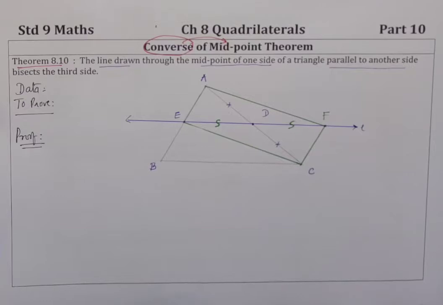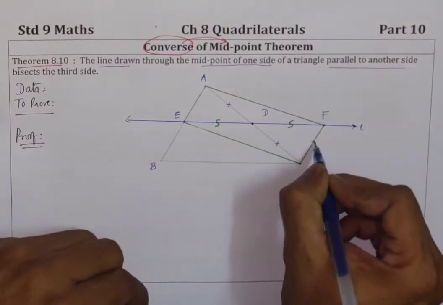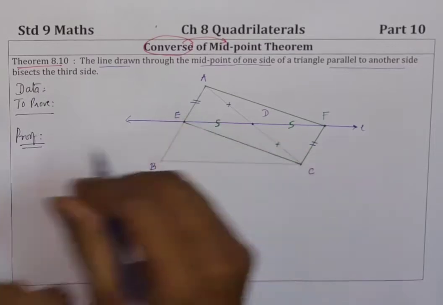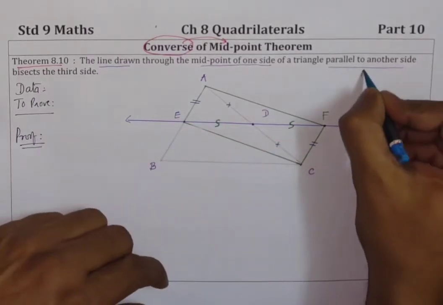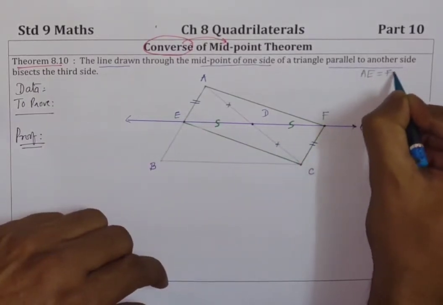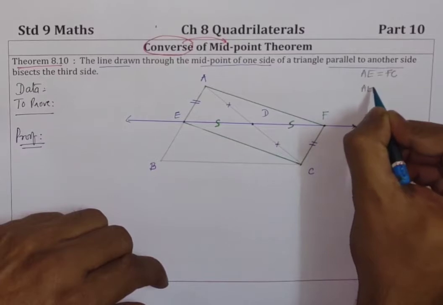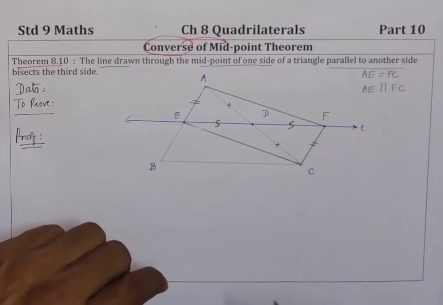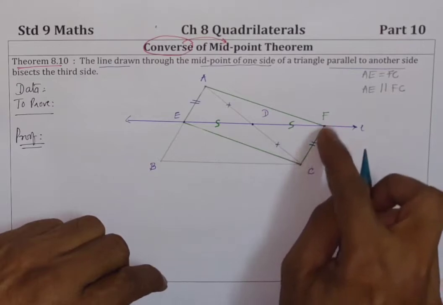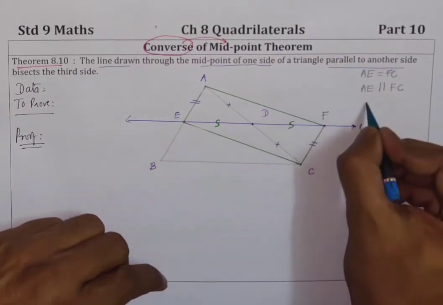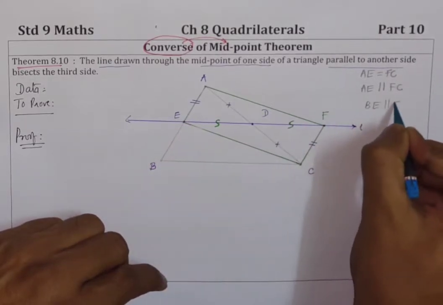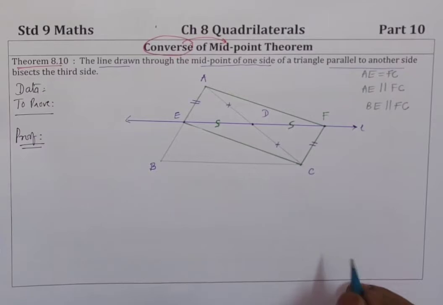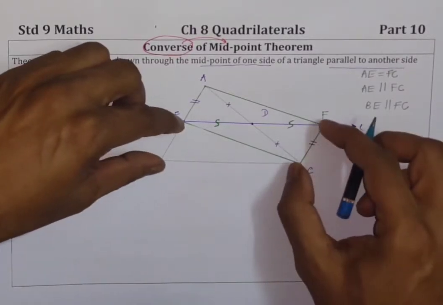So AE equal to FC and AE is parallel to FC. Now, if AE is parallel to FC, you can say BE is also parallel to FC.